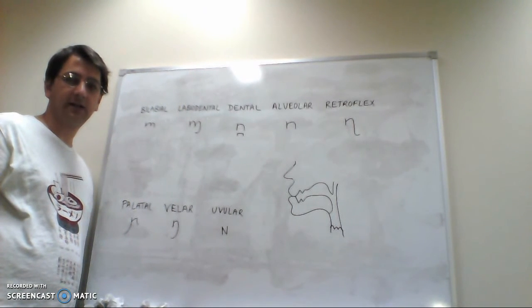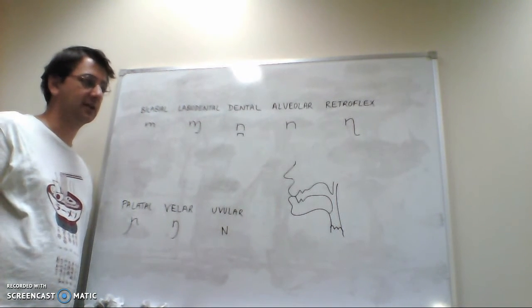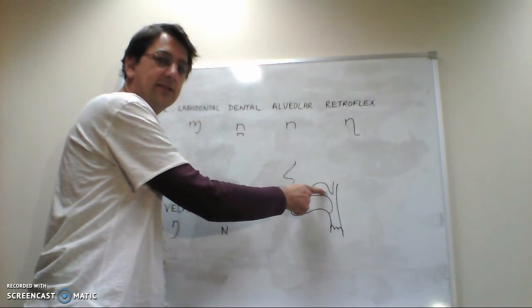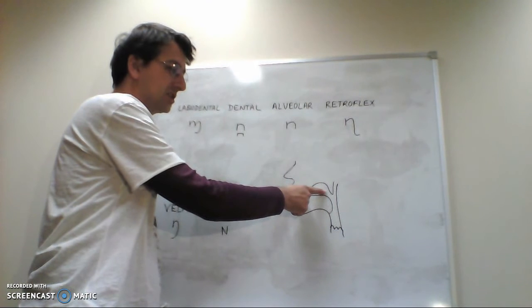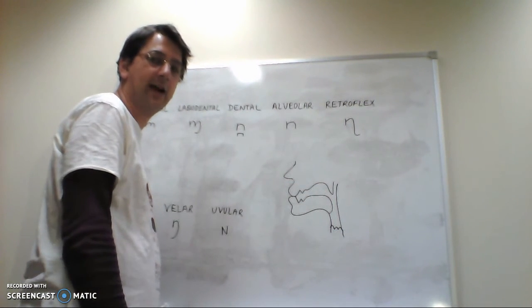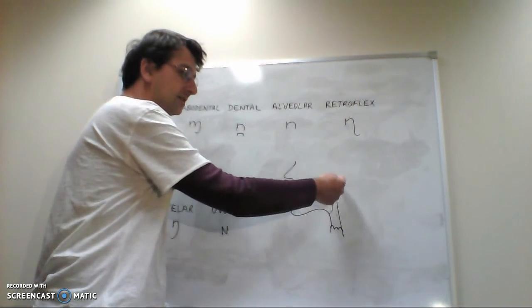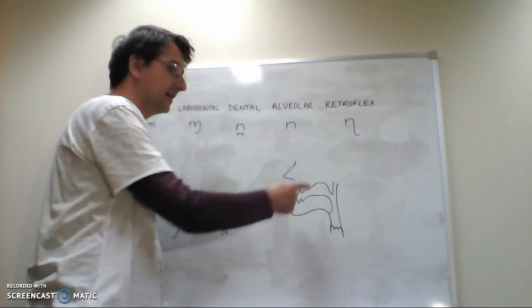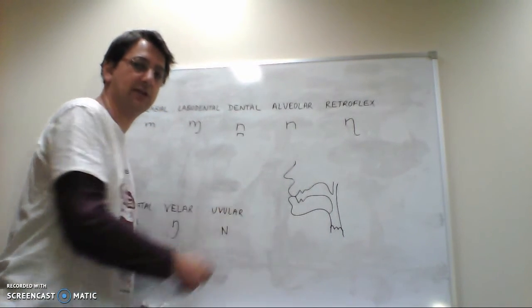Also, nasals are characterized because the velum is descended, so it doesn't touch the rear wall of the upper pharynx, and there is this free channel here for the air to go up into the nasal cavity and escape through the nostrils.